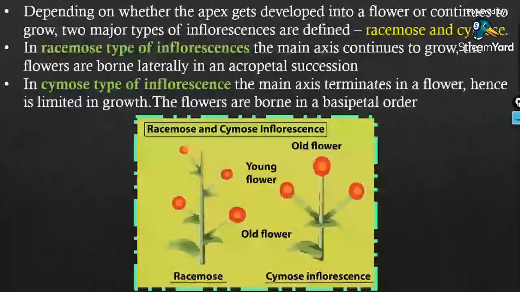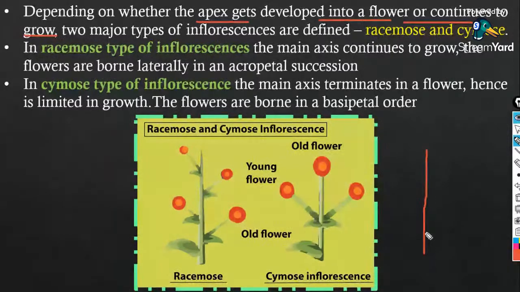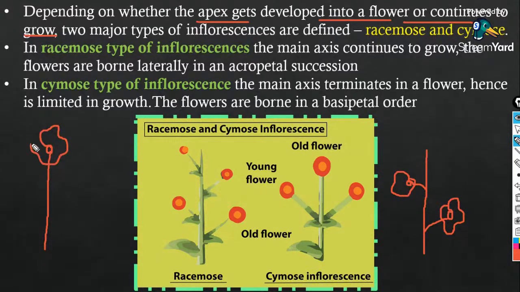Depending upon whether the axis develops into a flower or continues to grow: in certain plants, the flowers would be born laterally like this. There would be a particular axis and the flowers would be born along it. Whereas in certain plants, at the tip itself the flowers will be born and there would be no further increase in the length of the plant. Am I right or not?